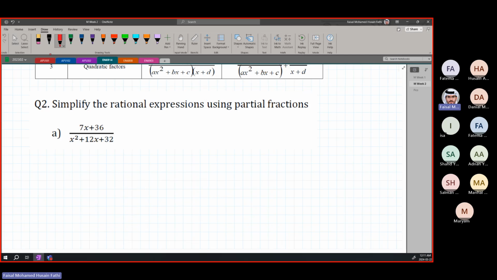The first rule for partial fractions, the first thing you need to make sure of, is that the x power in the numerator should be less than the denominator.